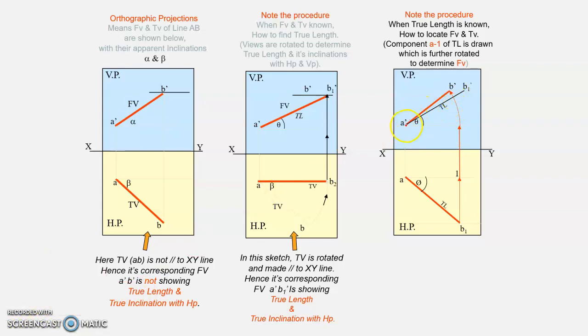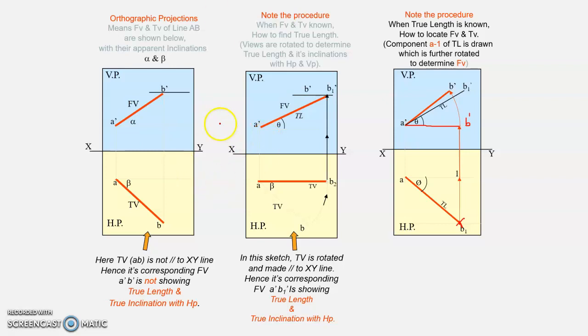A dash and B dash are made parallel to XY, and from this B dash we draw a vertical line up to the locus of B. So we get this point, and by connecting A and B1 we get the true length. This is the procedure for obtaining the true length from the front view and top view. In a few cases, from the true length we will get the top view and front view.